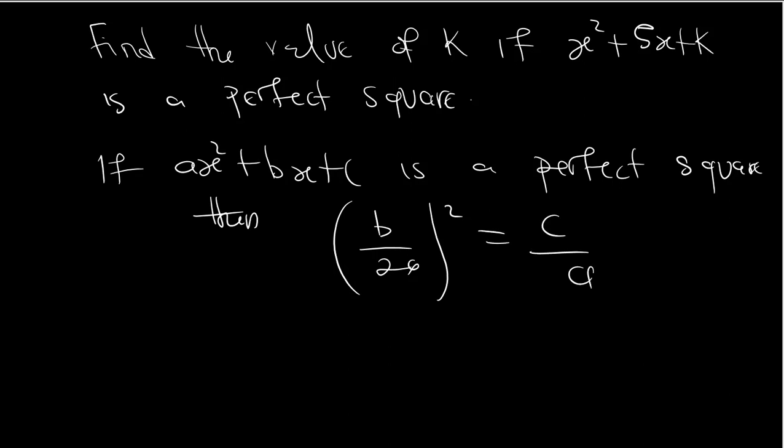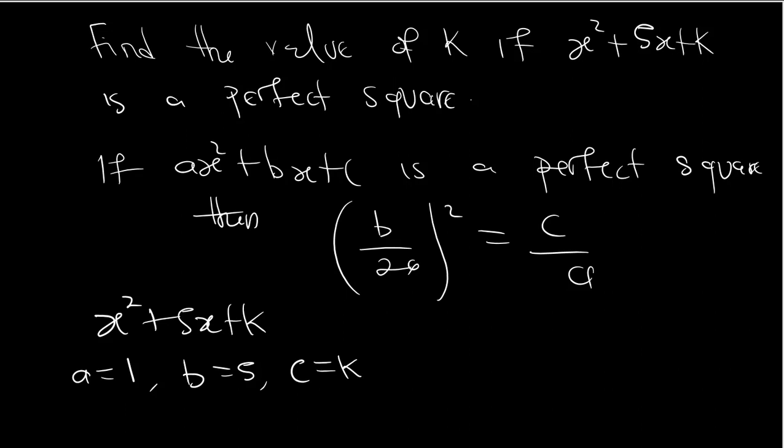So with the expression x squared plus 5x plus k, if we want to compare this to the general quadratic expression, then we are going to have our a, which is the coefficient of x squared, equal to 1, our b, which is the coefficient of x, equal to 5, and our c, which is the constant that is left, is going to be k.